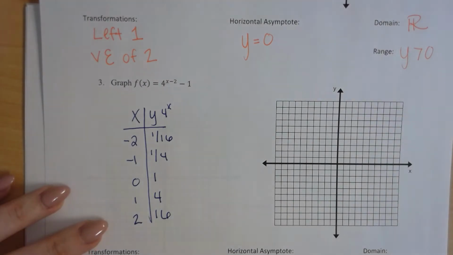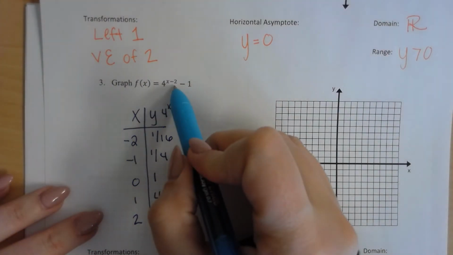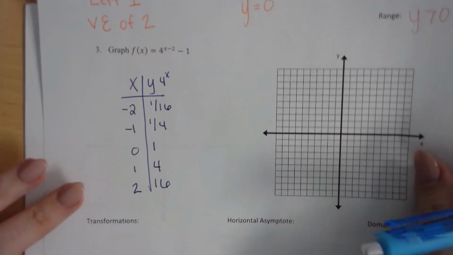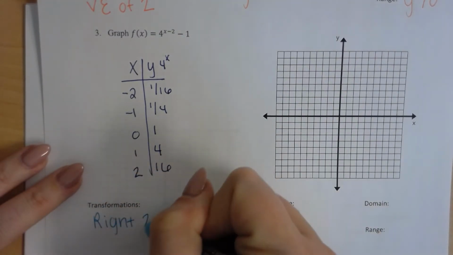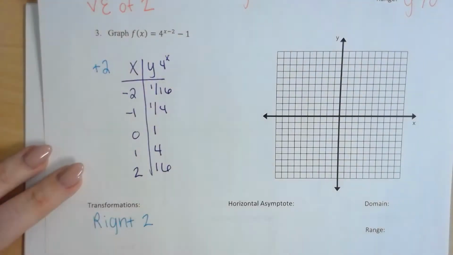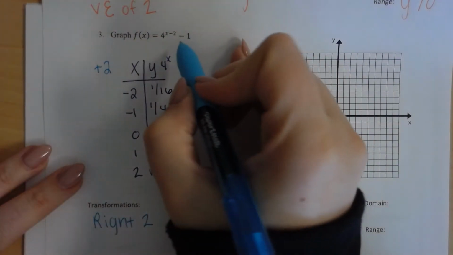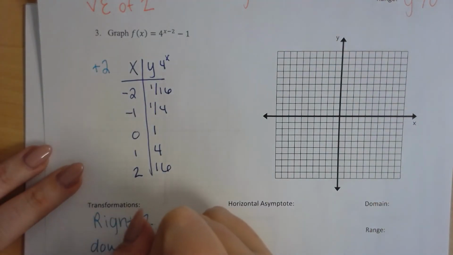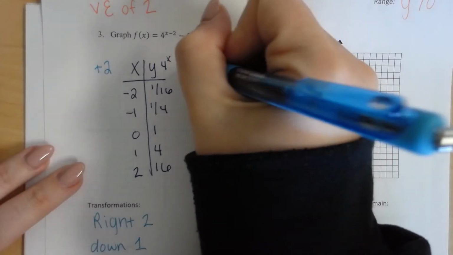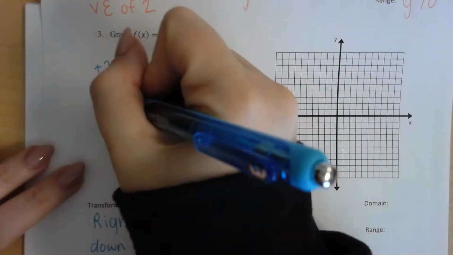Now the transformations we have here, we've got a -2 with the x, which means the transformation would be right 2. So we always think opposite, so I'm going to be adding 2 to all of the x's. And then we also have a -1 on the end, which means it's going down 1. So we're subtracting 1 from all of our y's.